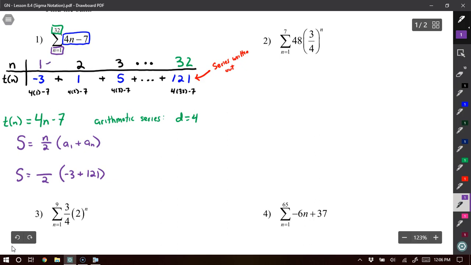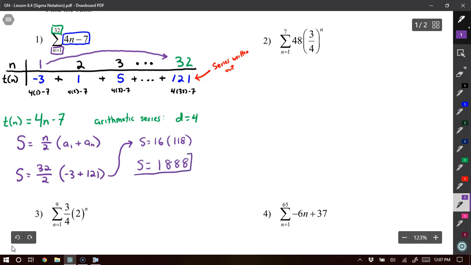So I'm starting at 1, and I'm going to 32. That's 32 terms. So 32 divided by 2 is 16. -3 plus 121 is 118. 16 times 118 is 1,888. And that is your sum.